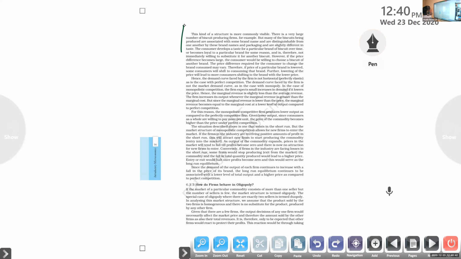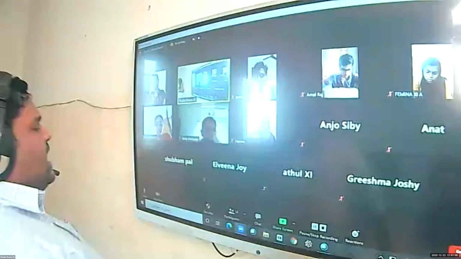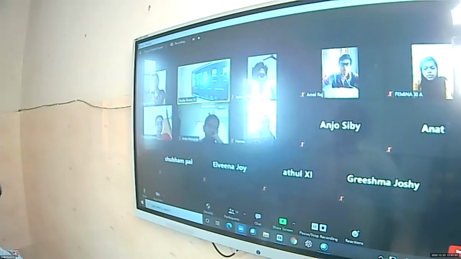And we are able to find the differences of one biscuit company to the other by the packaging, the color, graphics of the pack, and taste of the biscuit. Clear or not? For example, ITC, it's a company, that produces different types of biscuits.